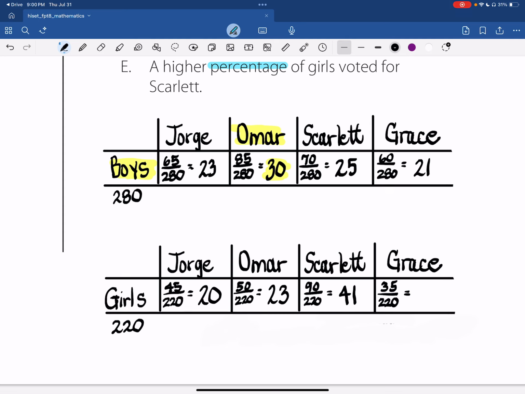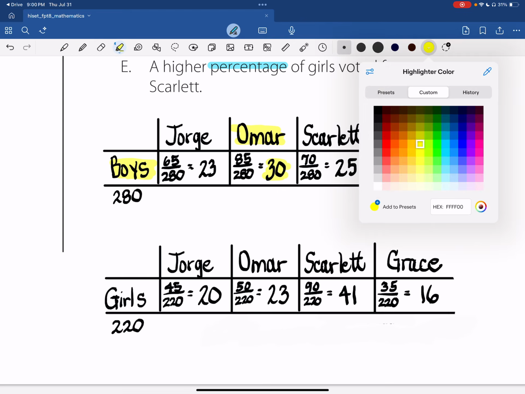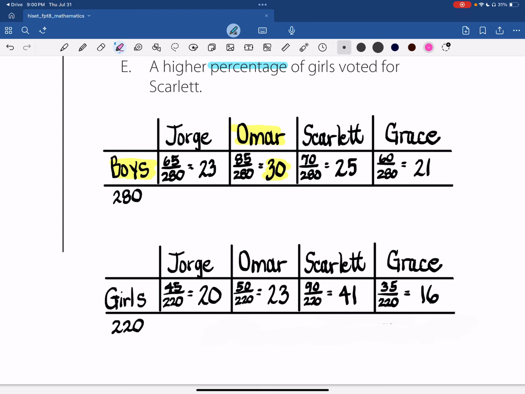And 35 divided by 220, 16% voted for Grace. So if we look at the girls' votes, we can see that Scarlett won in this group. She won quite resoundingly. She won by a lot in this group.